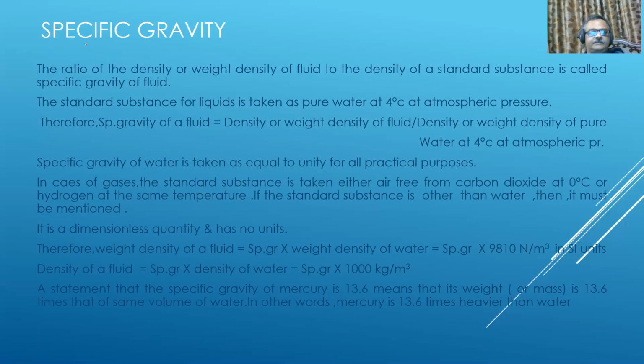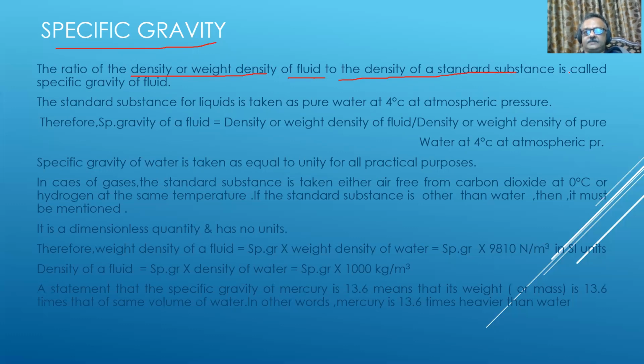Next is specific gravity. Now what is specific gravity? The ratio of the density or weight density of fluid to the density of a standard substance is called specific gravity of fluid. The standard substance for liquids is taken as pure water at 4 degrees centigrade at atmospheric pressure.